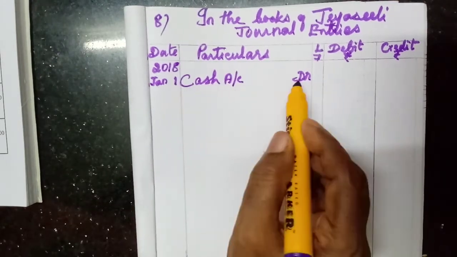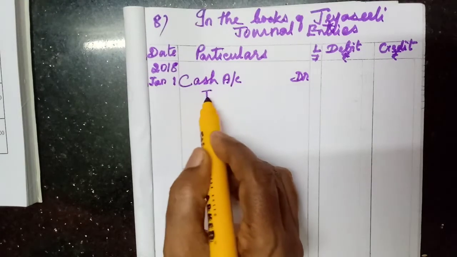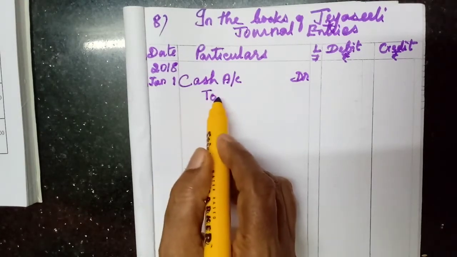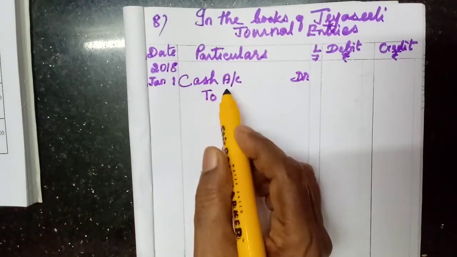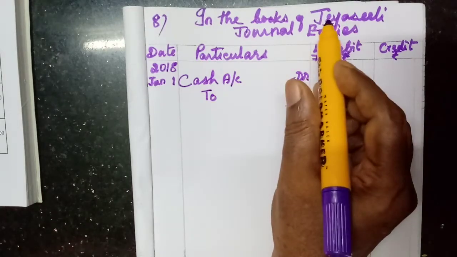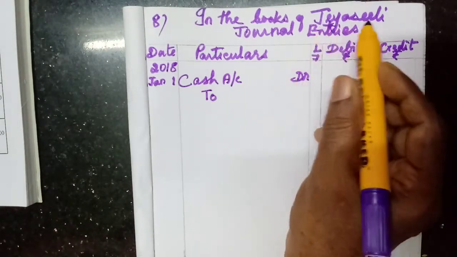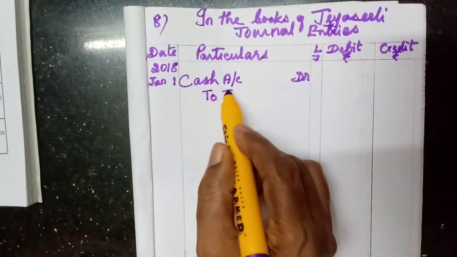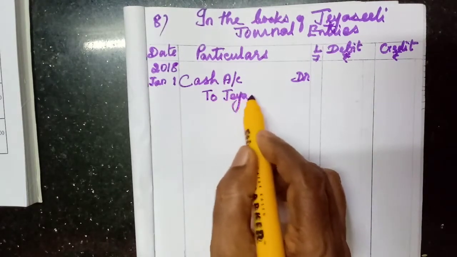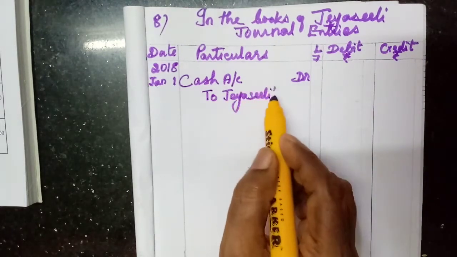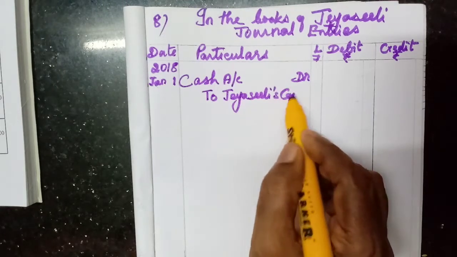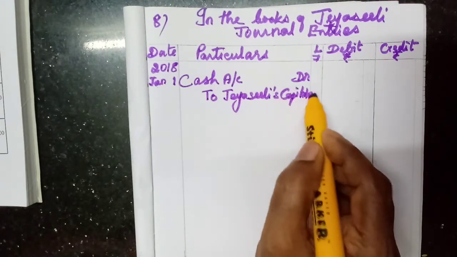Okay, cash account debtor. Next line, leave some space and write 2. Then here capital account, we can write the proprietor's name also. 2, J.S. Seeley's capital account. Apostrophe S, capital account.